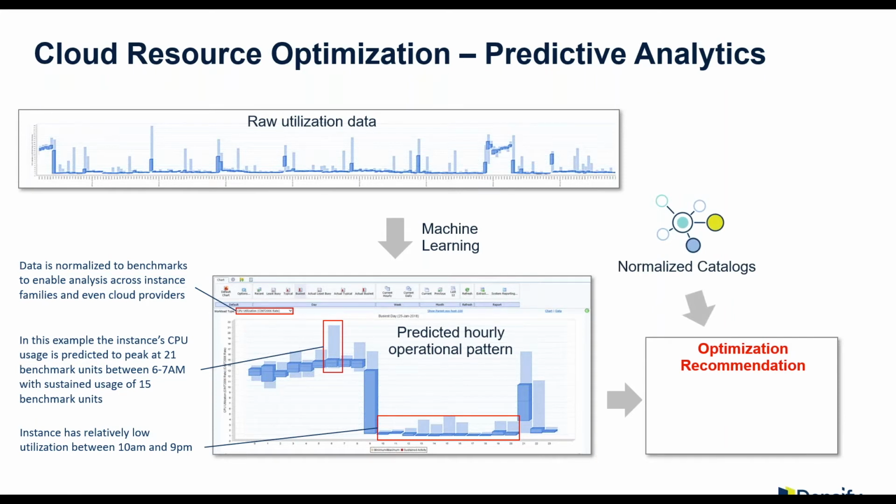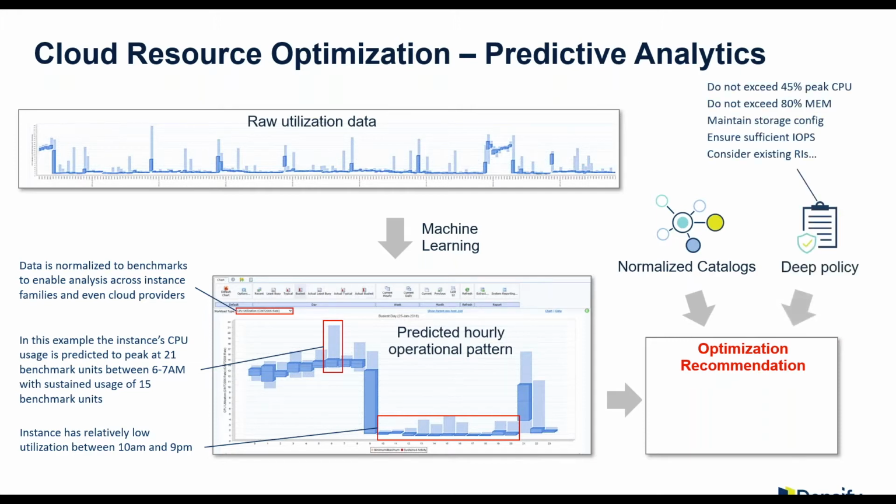And in this case here, we've understood using this machine learning what the workload behaviors typically are based upon predictive analytics. We're looking at the normalized catalog, so the supply options. We're taking account of the policy constraints that have been set for this particular group of systems. And then we're able to determine if you are optimal or if indeed there is a better fit.